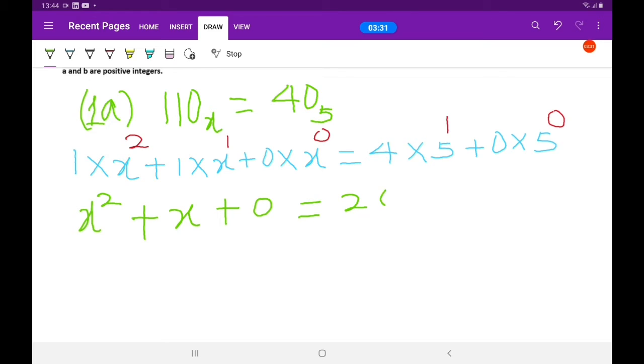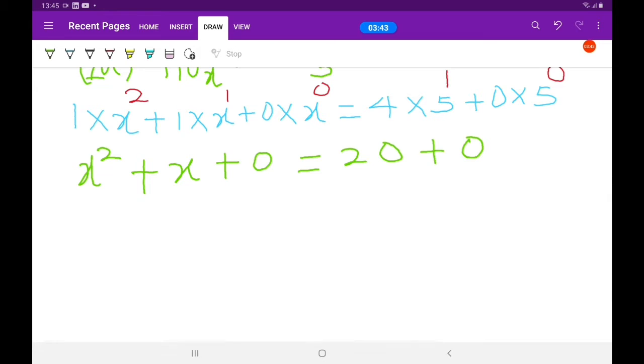This one will give us 20. And therefore, 5 raised to power 0 will give us 1. 1 times 0 will give us 0. So in a nutshell, we have x squared plus x. We neglect 0, so we have equals to 20.